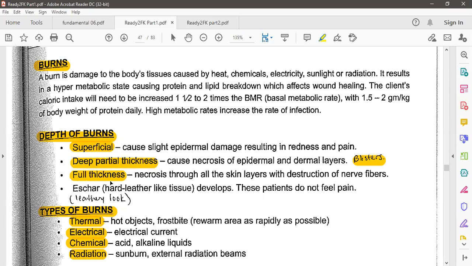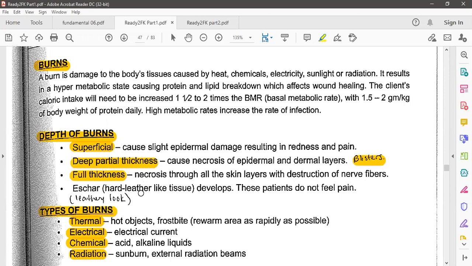The full thickness burn, which some books call third degree burn. In a third degree or full thickness burn, necrosis extends through all of the skin layers with destruction of the nerve fibers.